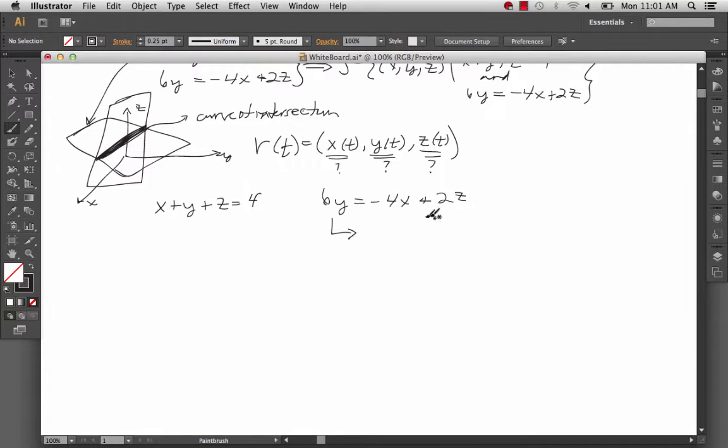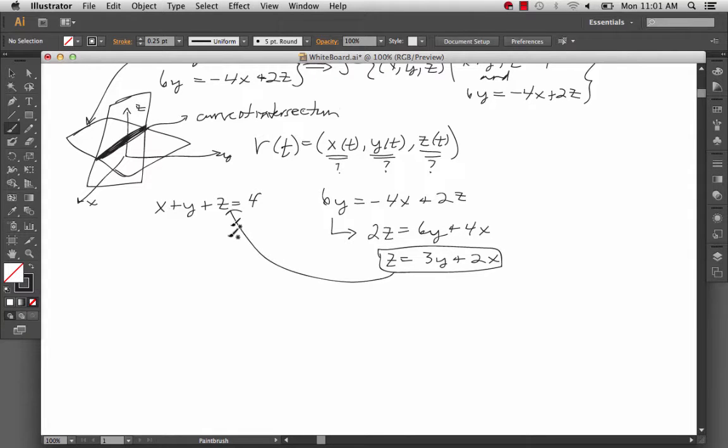You're probably used to solving for z, so why don't I just go ahead and do that. 2z is equal to 6y plus 4x. Solving for z, that would give you 3y plus 2x. Because that is equal to z, you can use that in this equation. You can make a substitution and reduce this equation down to only two variables.